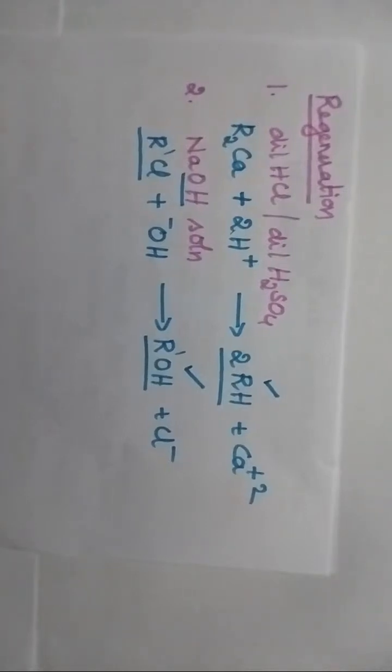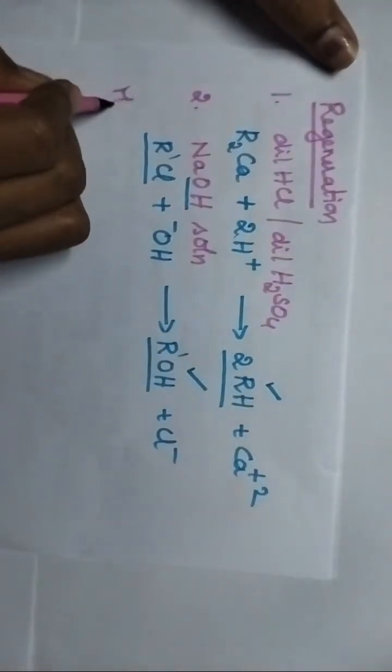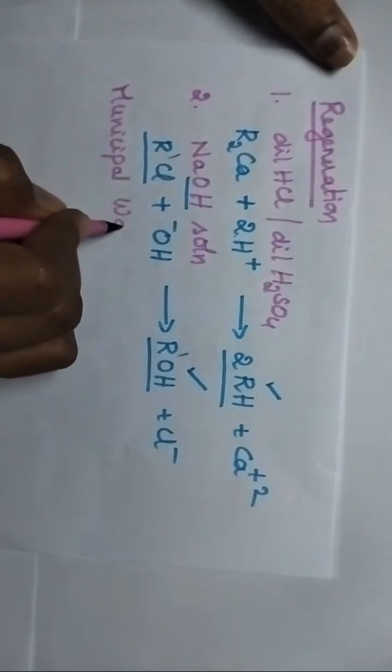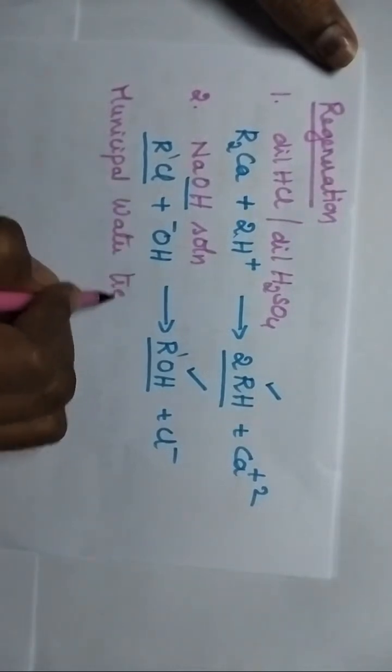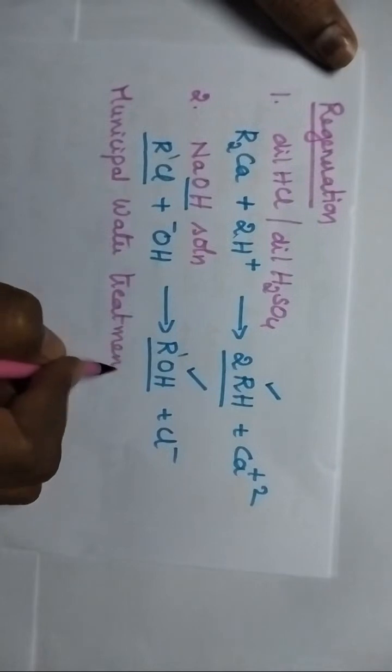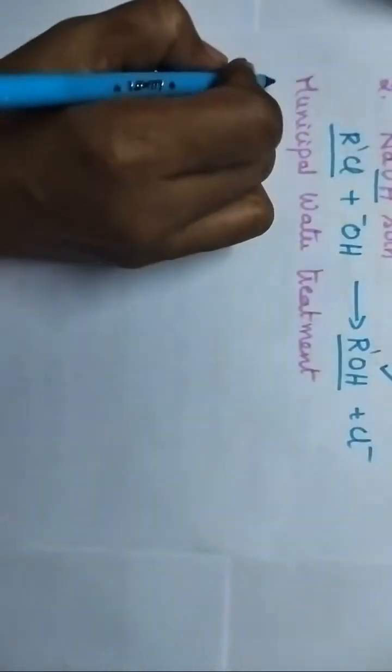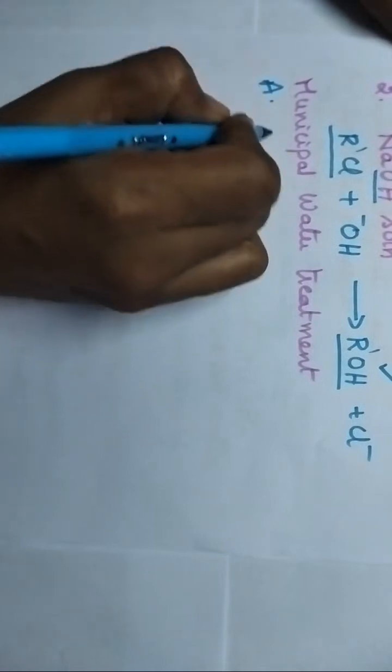This is all about the removal of permanent hardness. Next, coming to municipal water treatment. It mainly involves two major steps. One being the removal of suspended impurities.